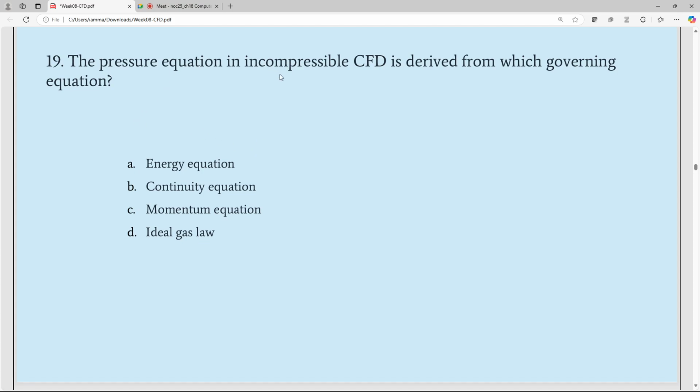The pressure equation in incompressible CFD is derived from which governing equation? The question is, which of the following equations forms the basis for pressure equation in incompressible CFD?